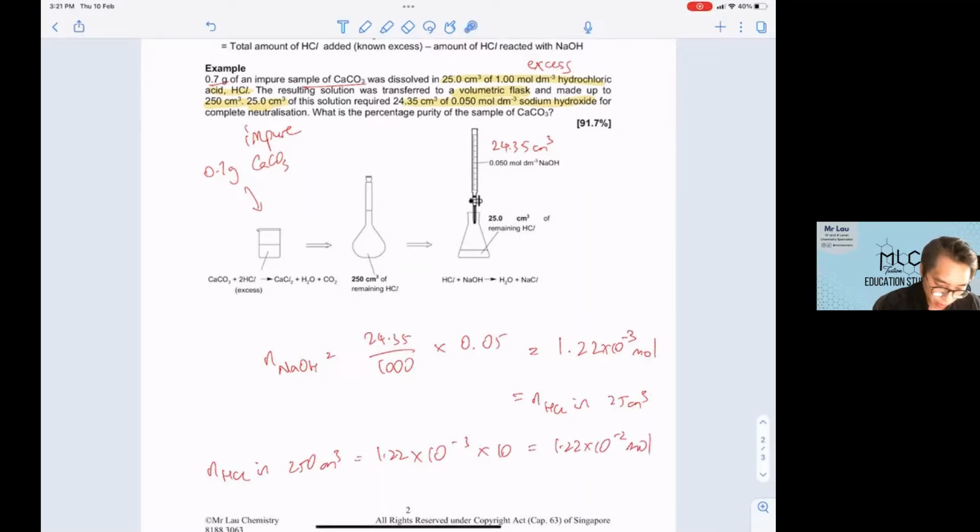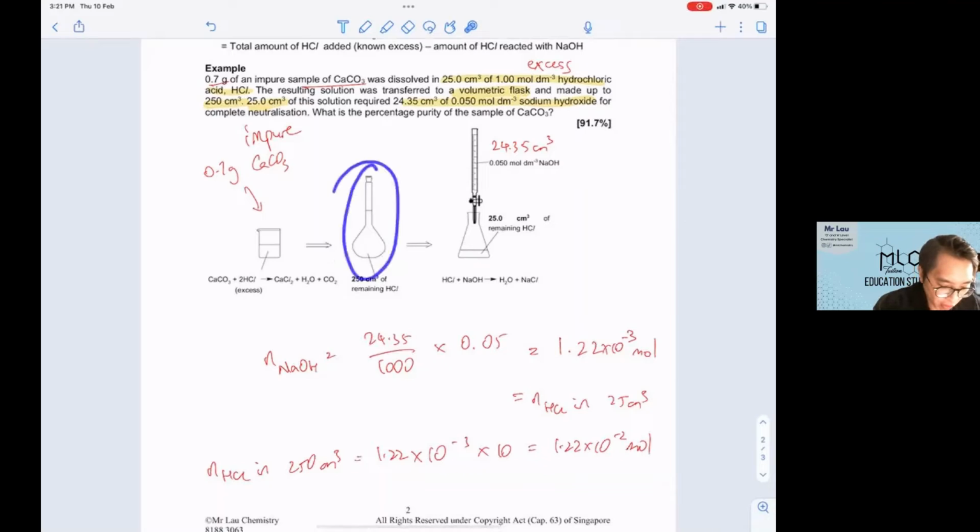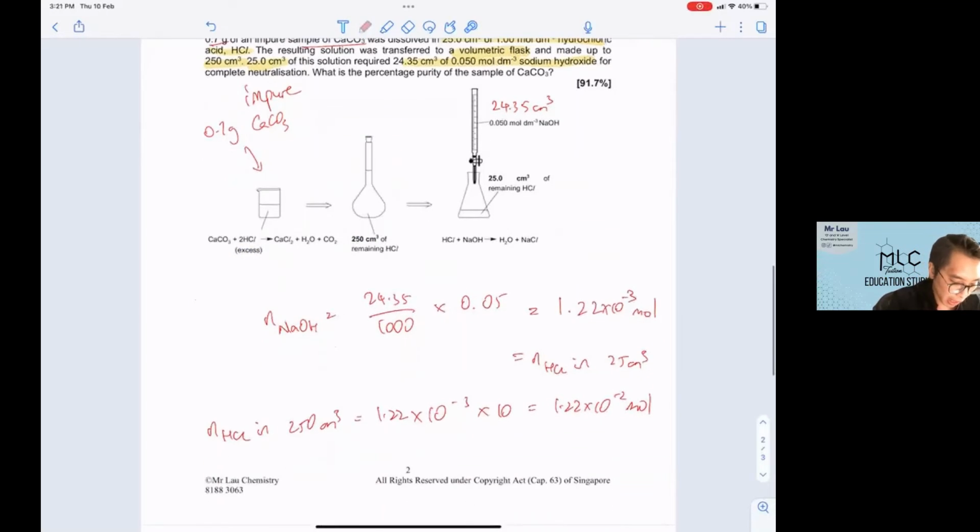So these moles of HCl in 250 cm3 is your excess HCl that is left over after your reaction with calcium carbonate. So now I'm going to find the moles of HCl that reacted with calcium carbonate.